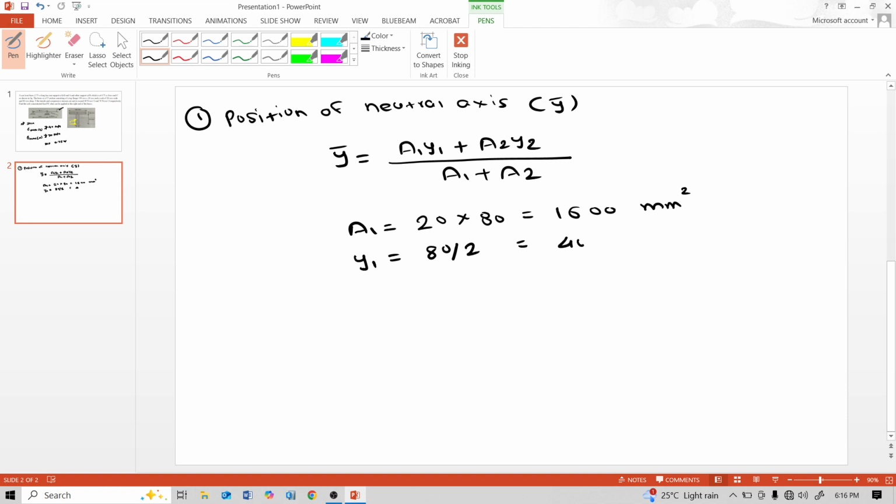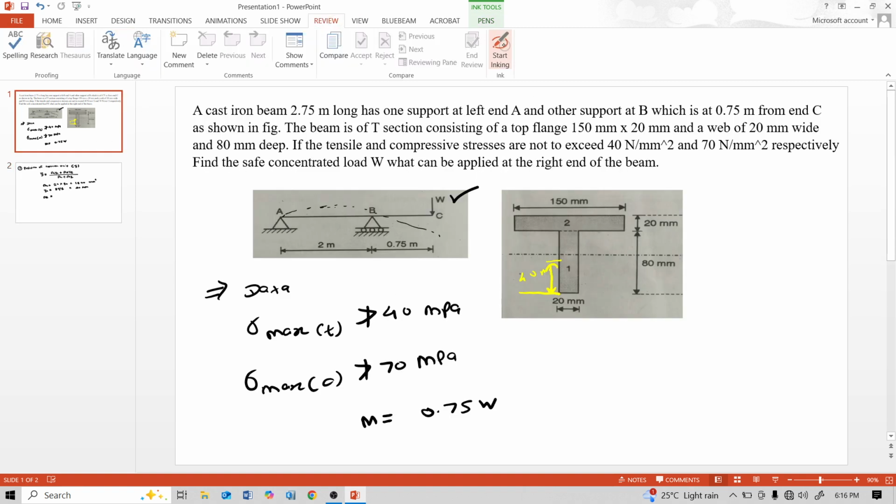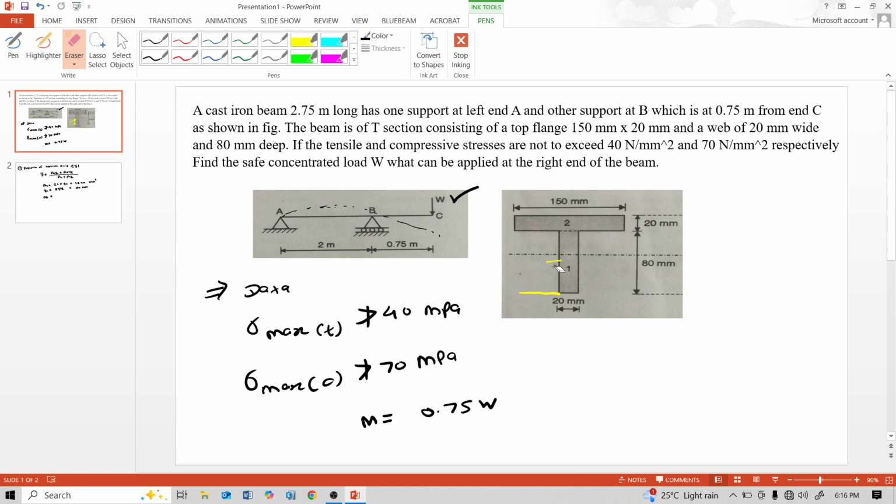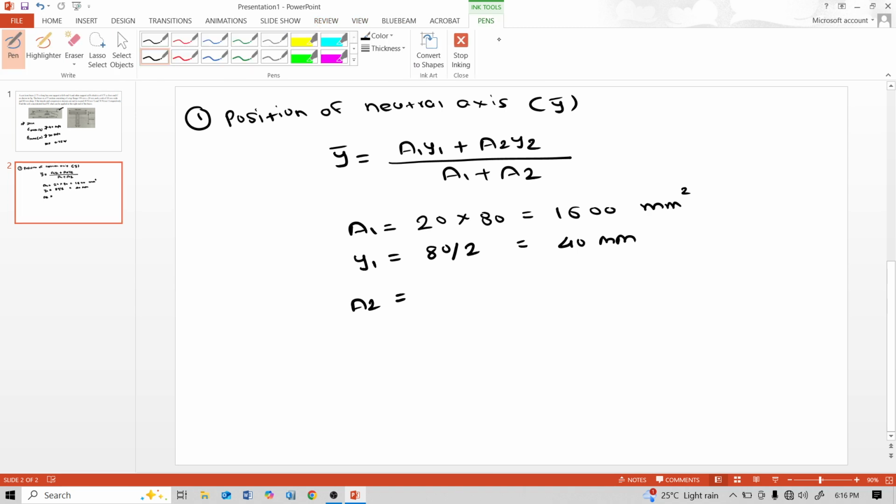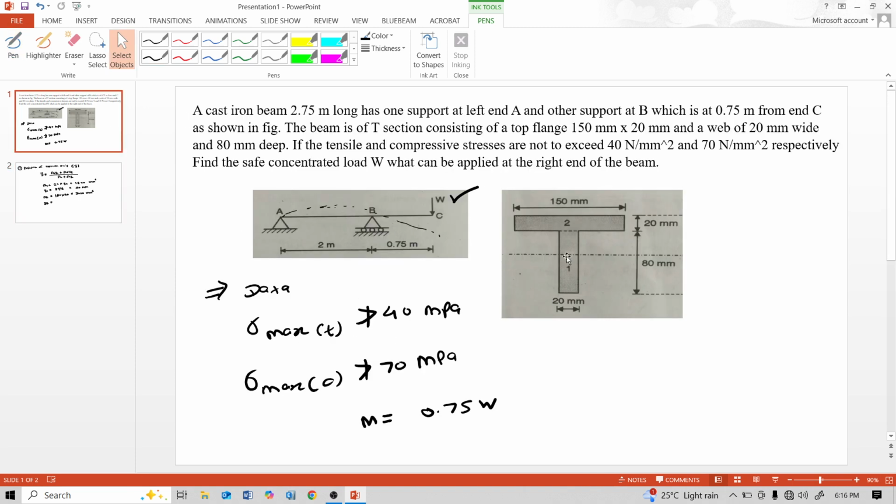Now A2 is the top flange area. Top flange dimensions are 150 mm cross 20 mm, that means 3000 mm square is the area of this top flange. And y2 is the distance of the middle of the top flange from the bottom fiber.